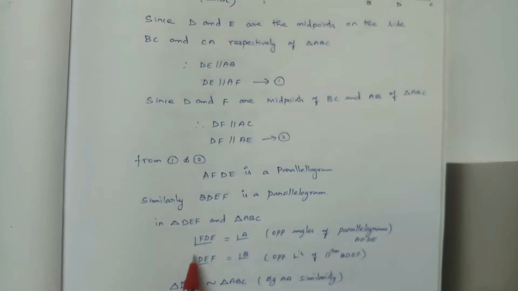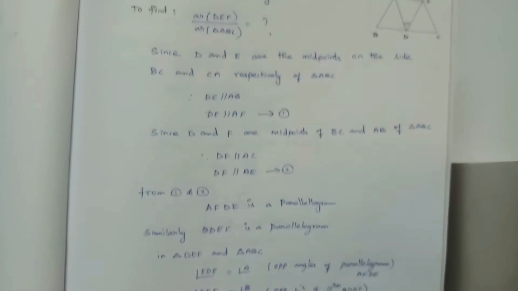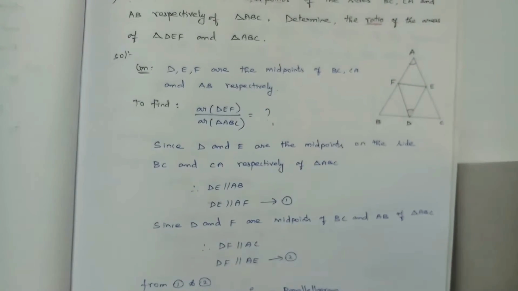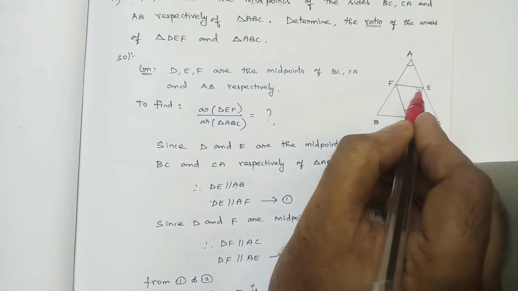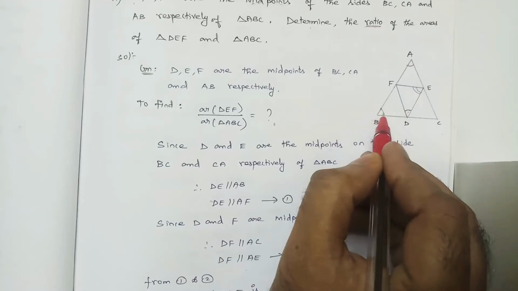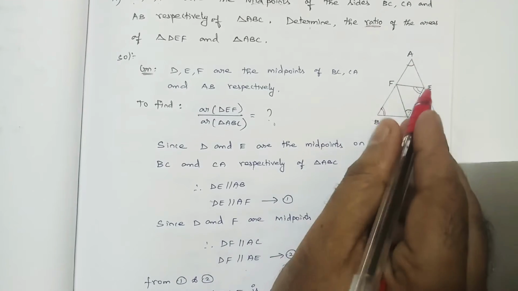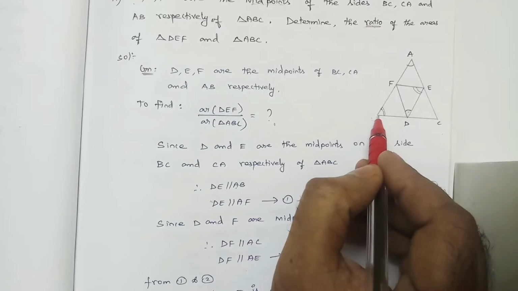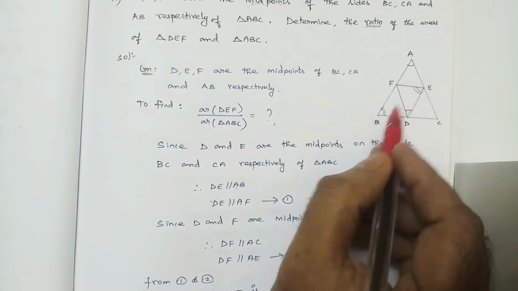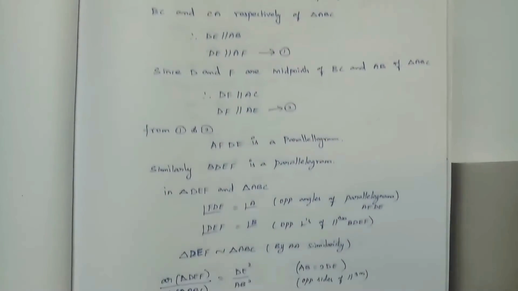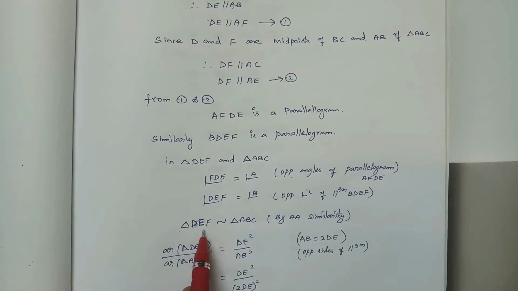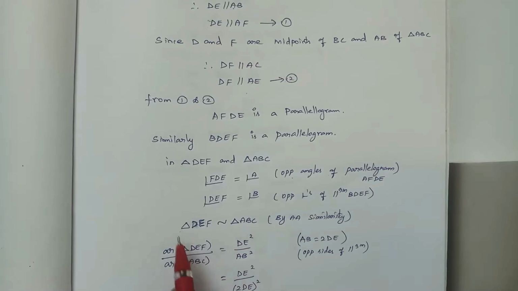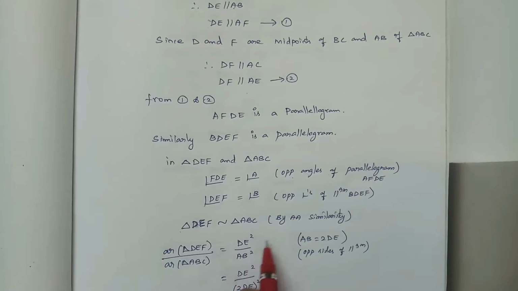Similarly, angle DEF is equal to angle B. In parallelogram FBDE, angle B is equal to angle E, since opposite angles of a parallelogram are equal. So by the AA similarity rule, triangle DEF is similar to triangle ABC.